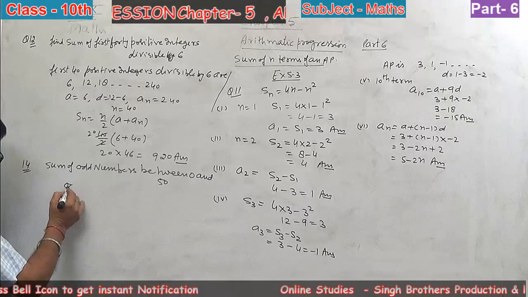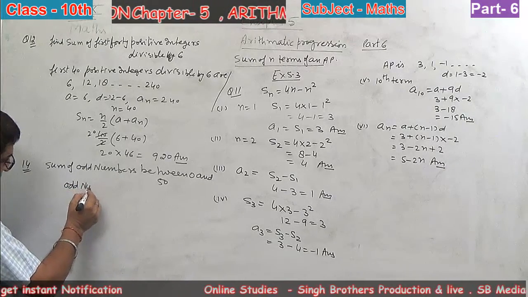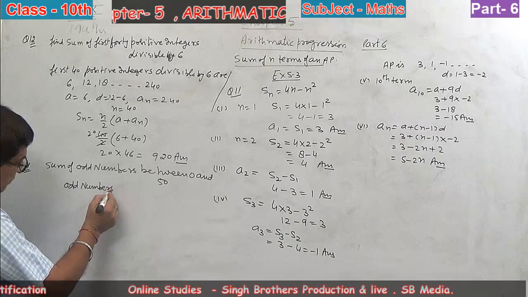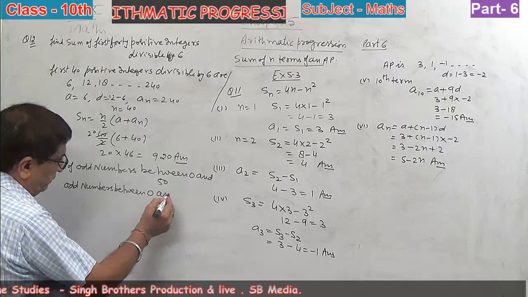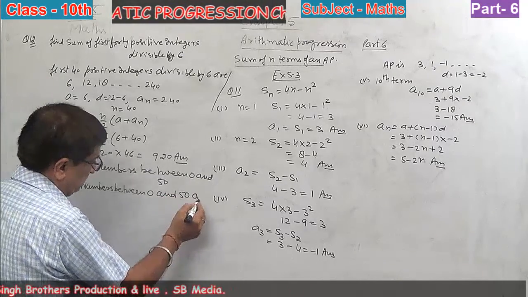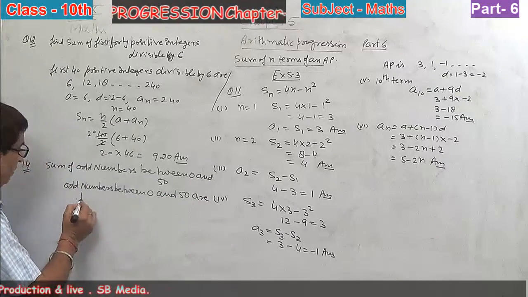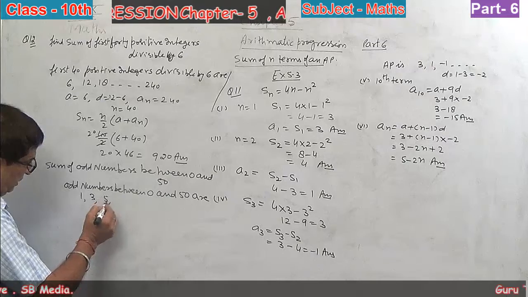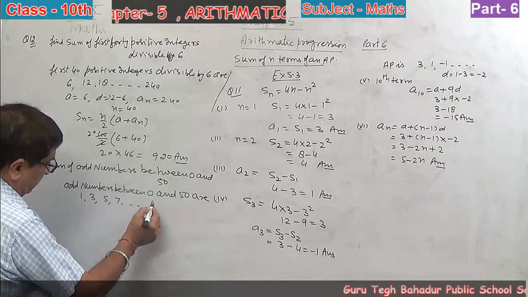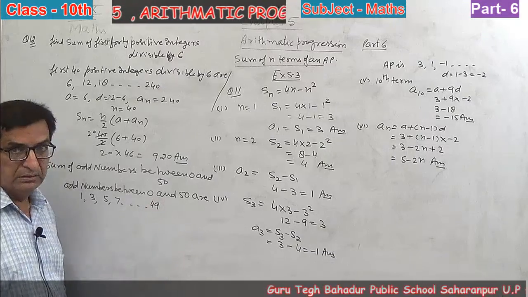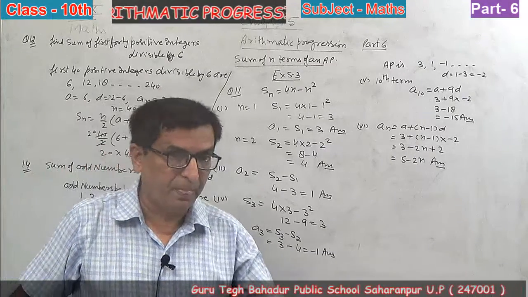So odd numbers between 0 and 50 are 1, 3, 5, 7 and so on. The last number is 49, which is less than 50.